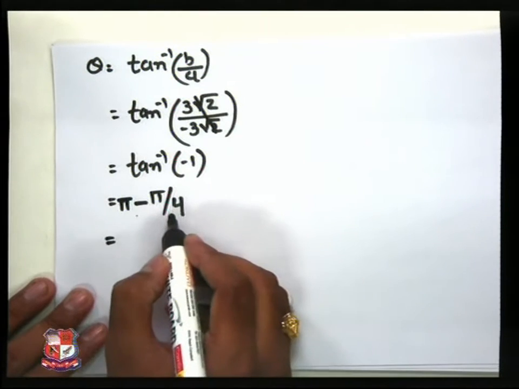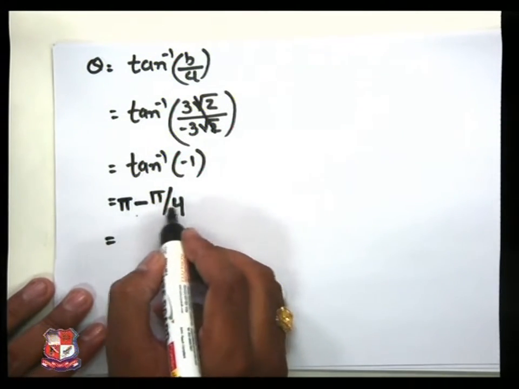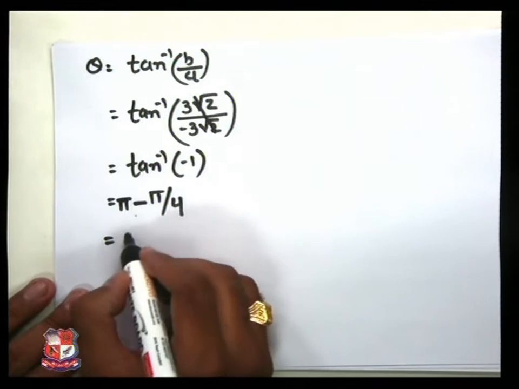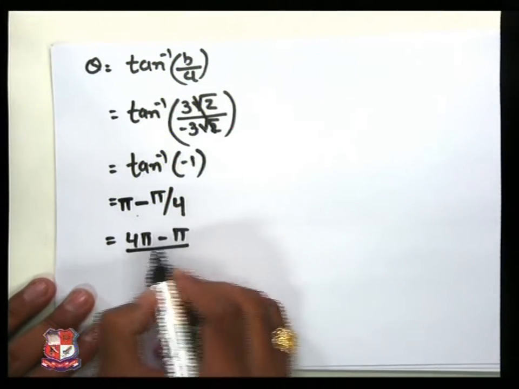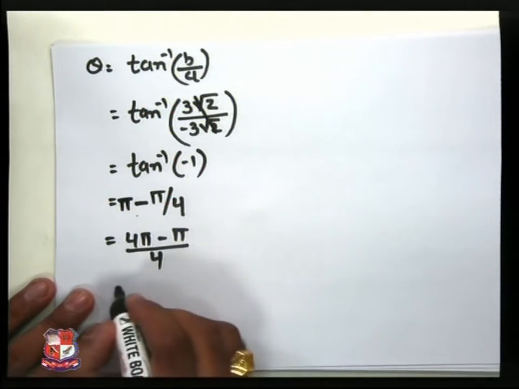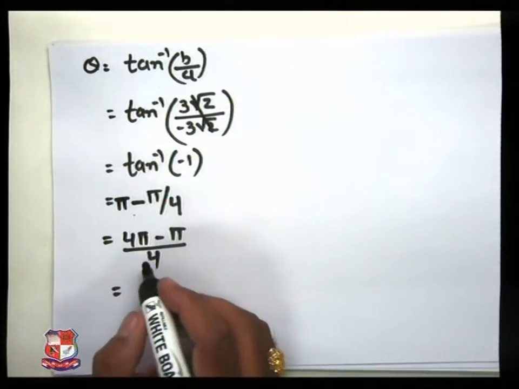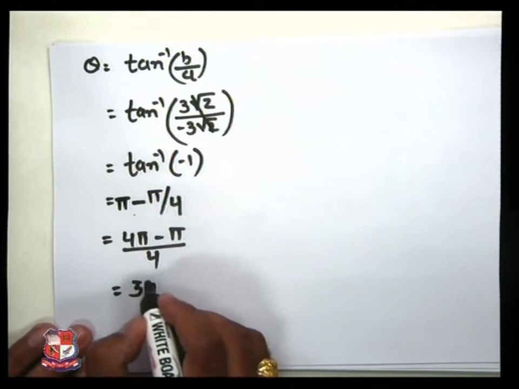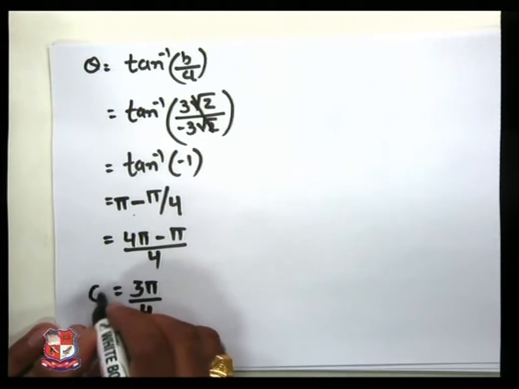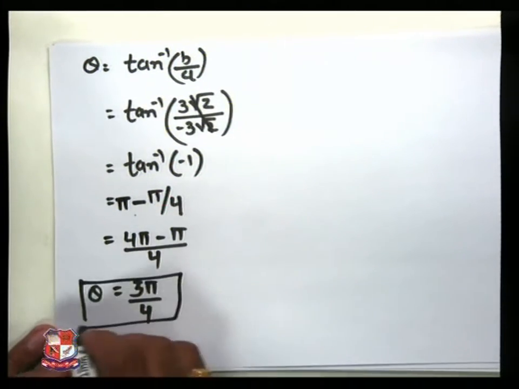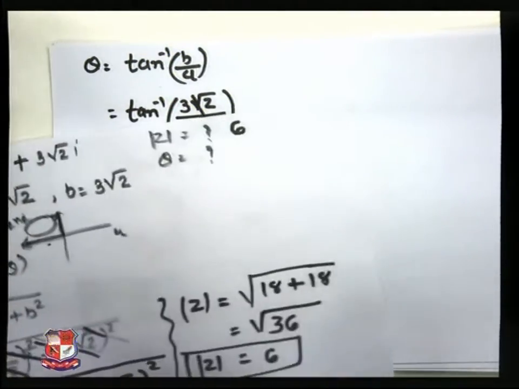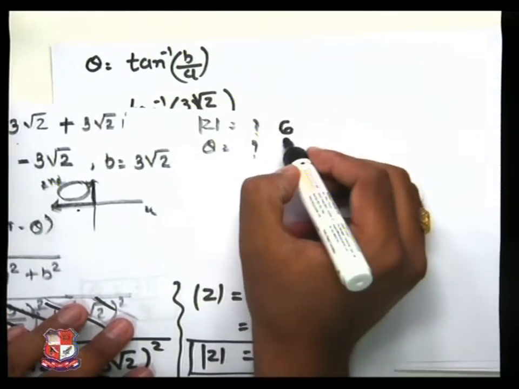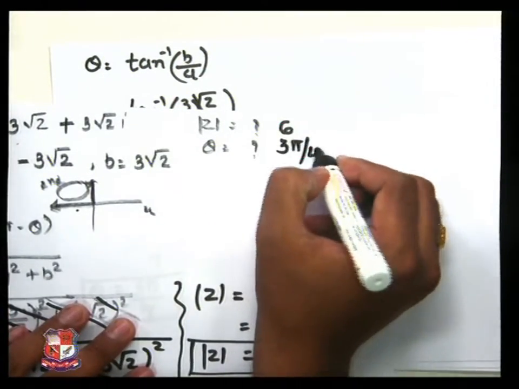Taking the LCM, that is 4 pi minus pi divided by 4. So our final answer is 3 pi by 4. So we write our second value, theta, as 3 pi by 4.